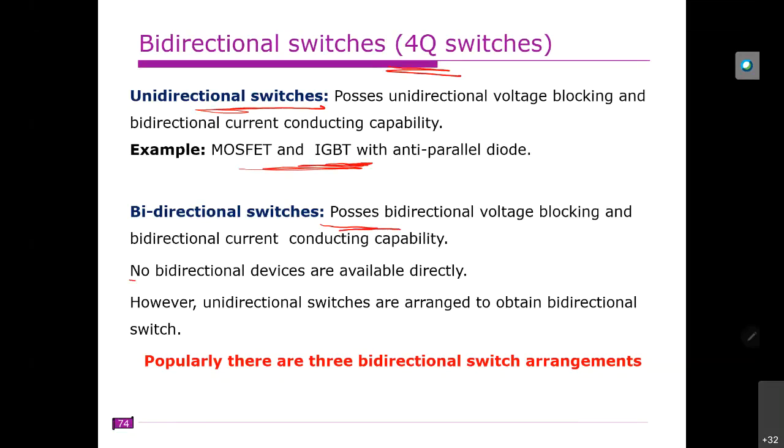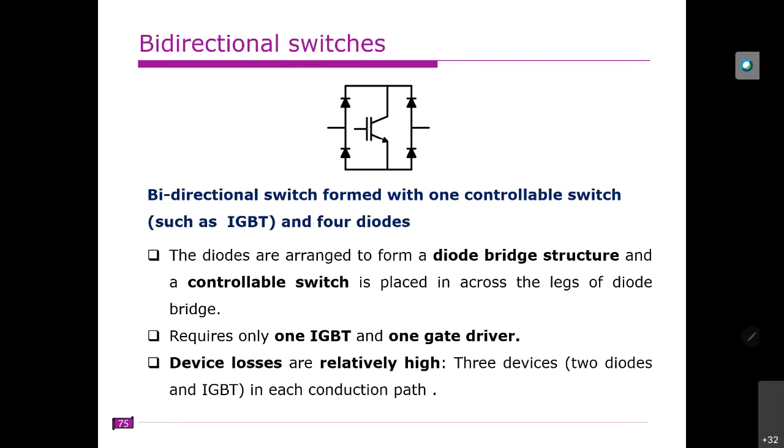Right now there are no bidirectional switches available, but there are some possibilities to form one. This is one way: four diodes form a bridge-like shape, and inside that you have one IGBT. So it can block the voltage in both directions.